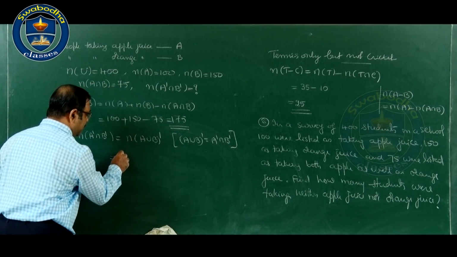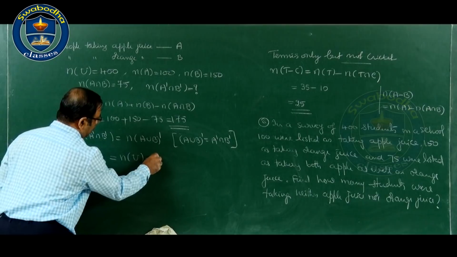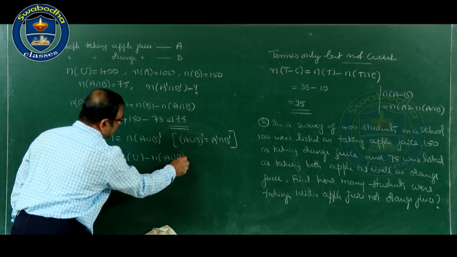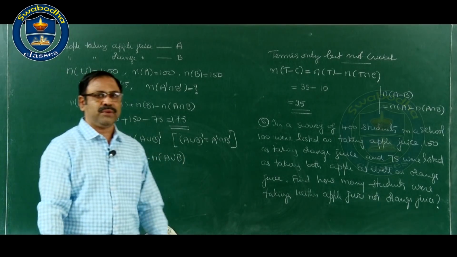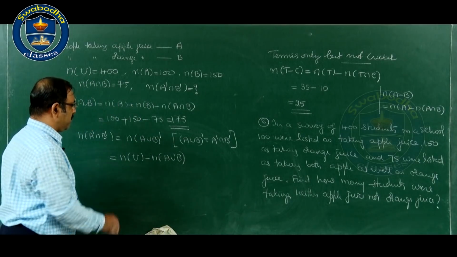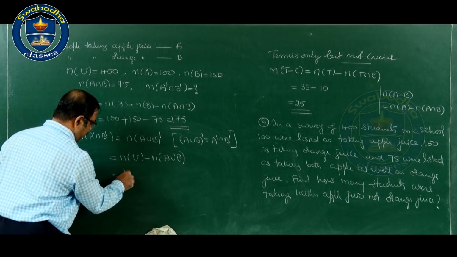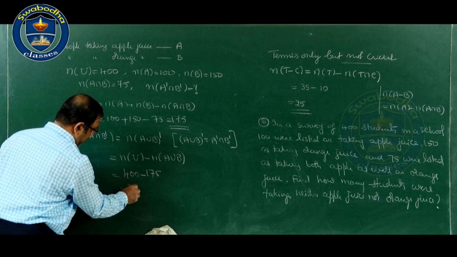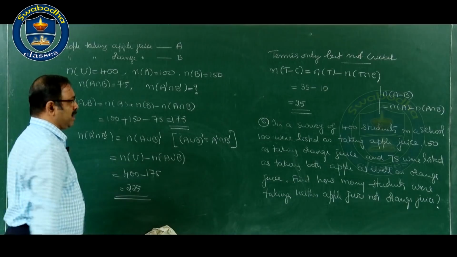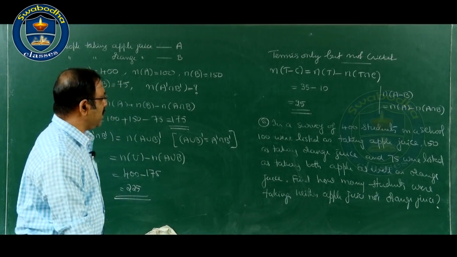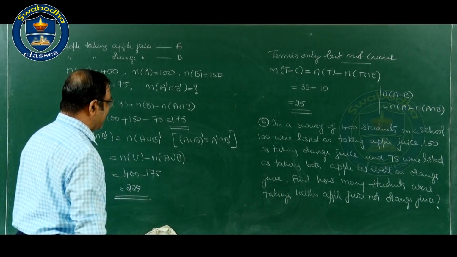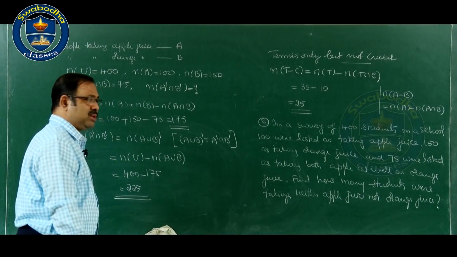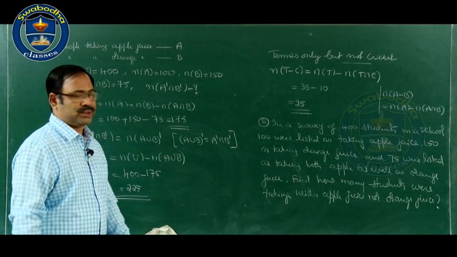This is nothing but N of U minus N of A union B. N of U is 400, minus 175, it becomes 225. Therefore, 225 people take neither apple juice nor orange juice.